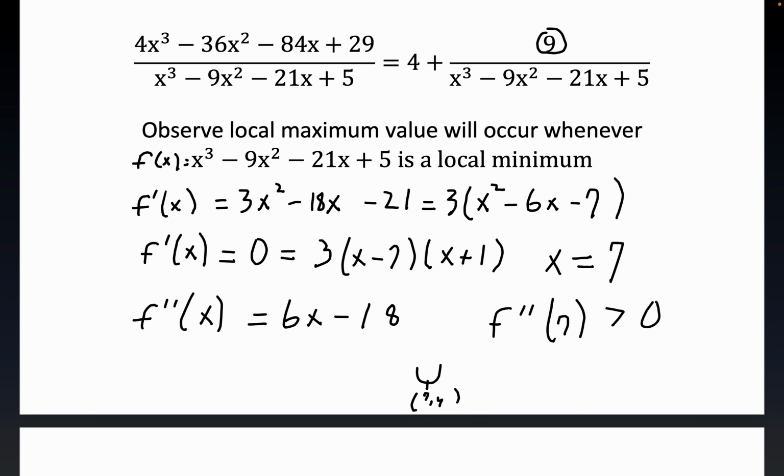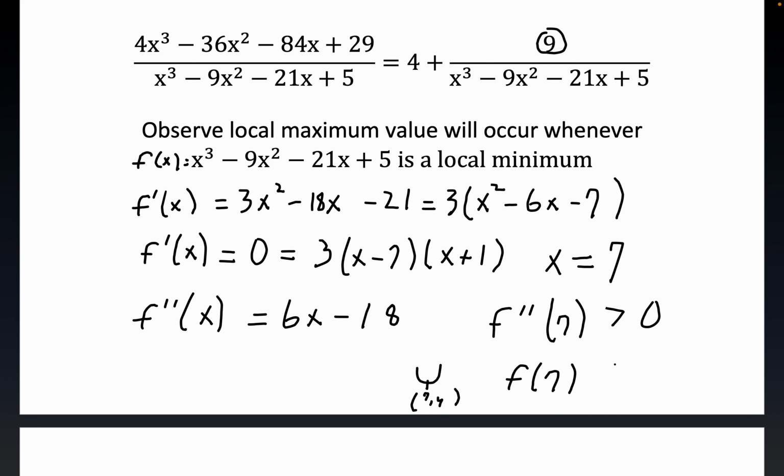So in a neighborhood of 7, the graph is concave up, which implies f at 7 is a local minimum value.